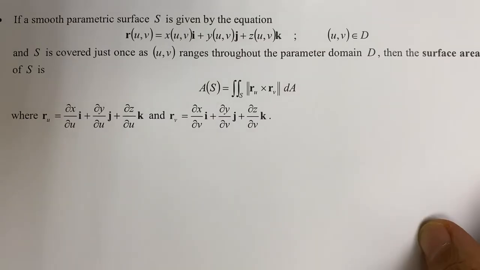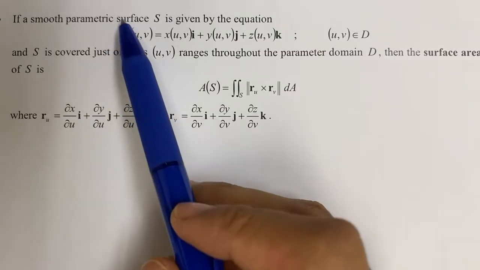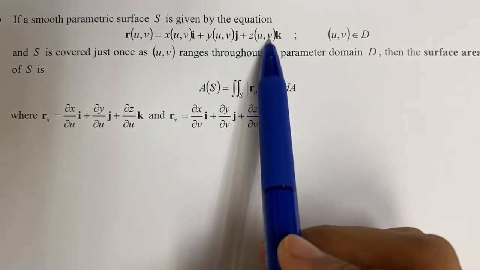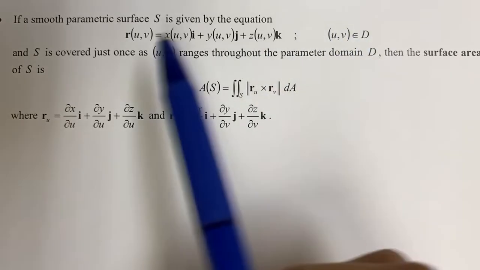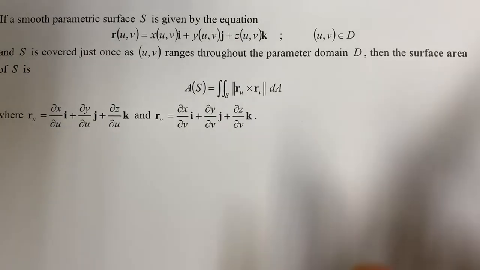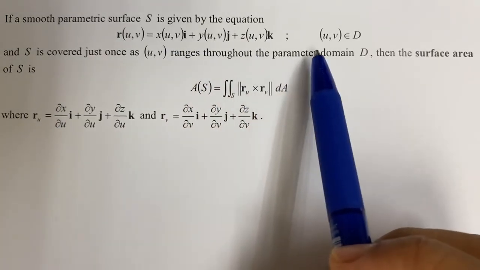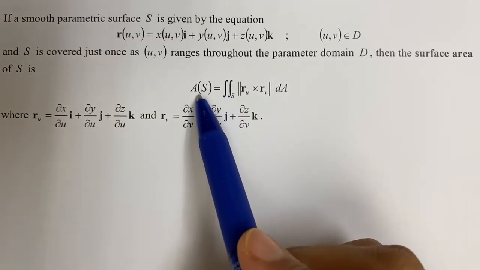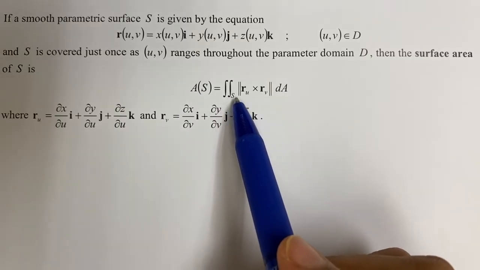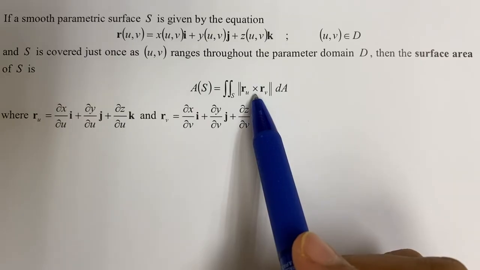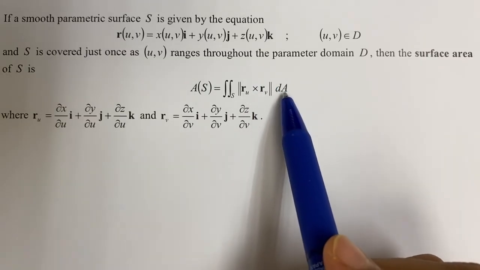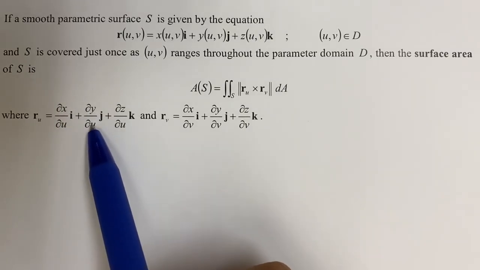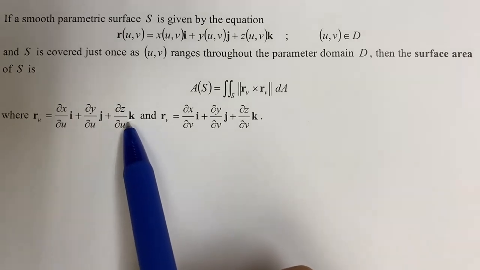For the surface area, if a smooth parametric surface S is given by the equation r(u,v) equal to x i plus y j plus z k, with (u,v) in D, and S is covered just once as (u,v) ranges throughout the parameter domain D, then the surface area of S is A equal to the double integral over S of the magnitude of r_u cross r_v dA, where r_u is del x over del u i plus del y over del u j plus del z over del u k.